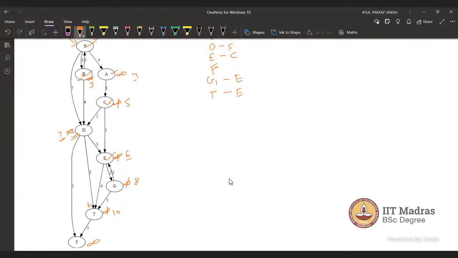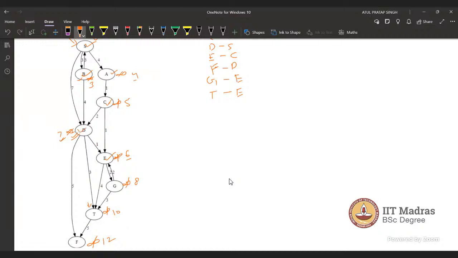And 7 plus 5 for F is 12. Now it will update. So there is only one weight updated, and we will update the F parent. We are getting it from D here. Now it is visited.